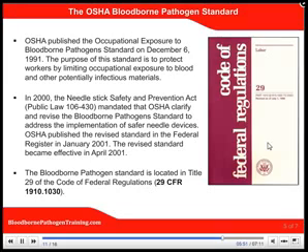OSHA published the revised standard in the Federal Register in January 2001. The revised standard became effective in April 2001. The blood-borne pathogen standard is located in Title 29 of the Code of Federal Regulations, 29 CFR 1910.1030.